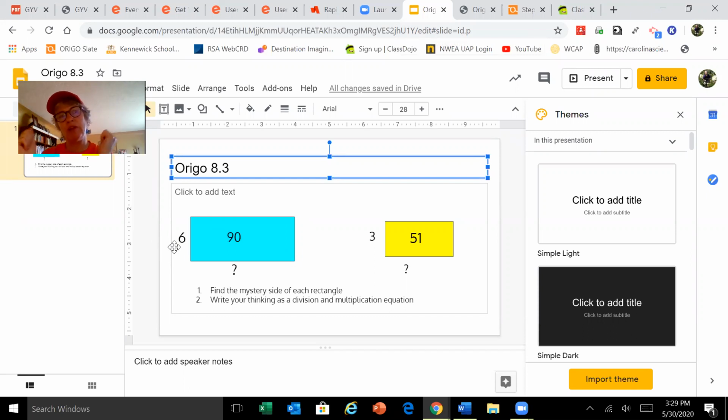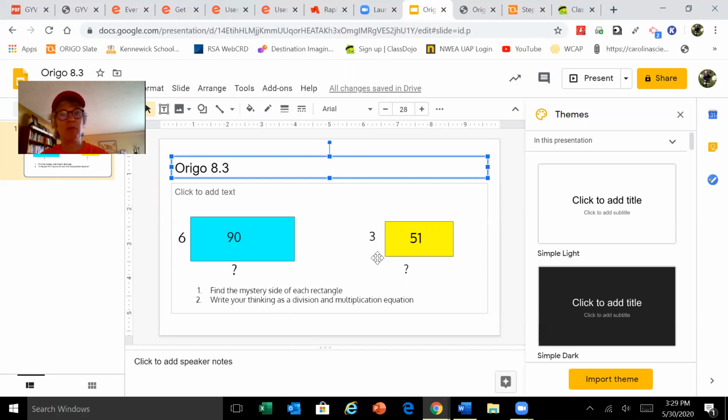I really would like you to try to think flexibly about how to split these numbers up. Okay, and then in this case, you have to find the mystery side, just like what we were doing before. What I'd like you to do is then show me your thinking as a division equation and a multiplication equation.